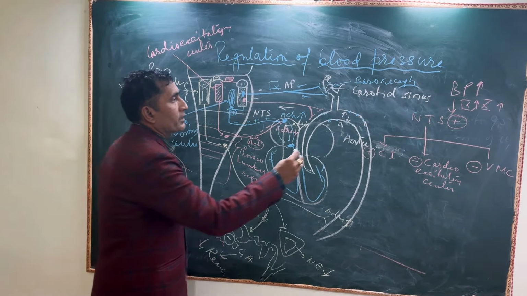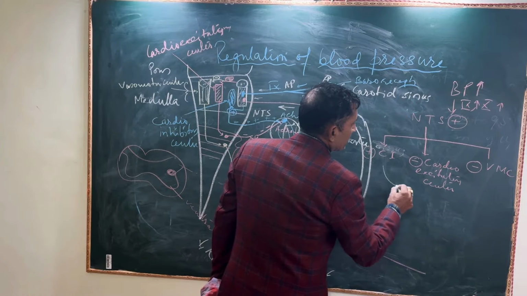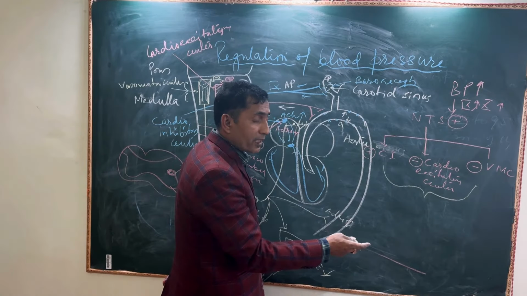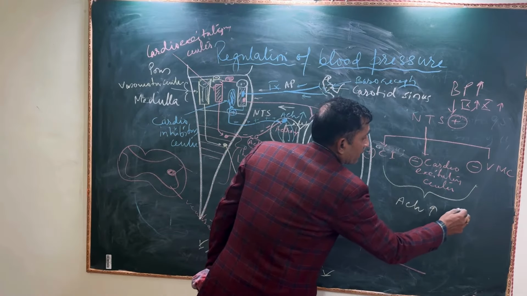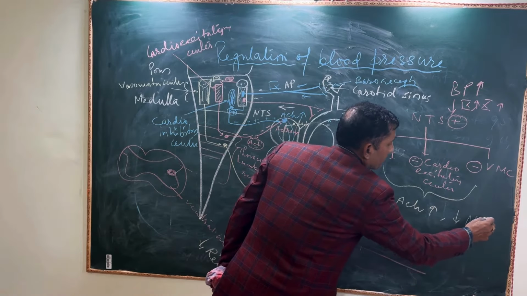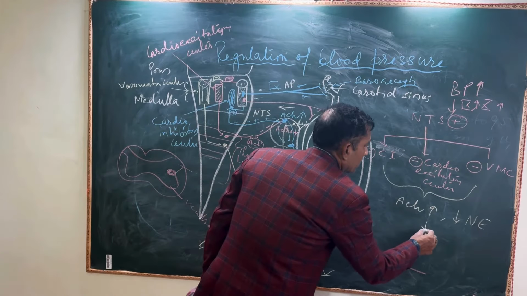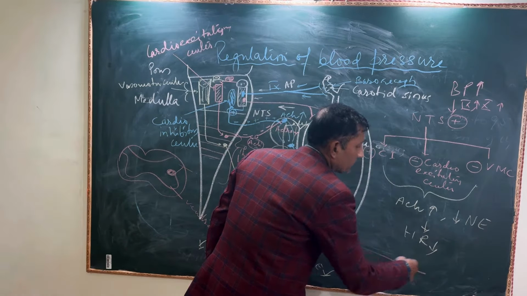As soon as blood pressure is going up, these changes will act in such a way that there will be more secretion of acetylcholine and less secretion of norepinephrine or adrenaline, and ultimately the heart rate is reduced, so blood pressure is reduced.